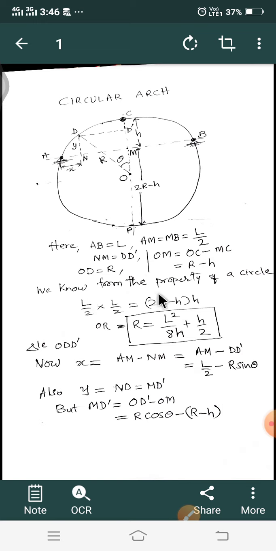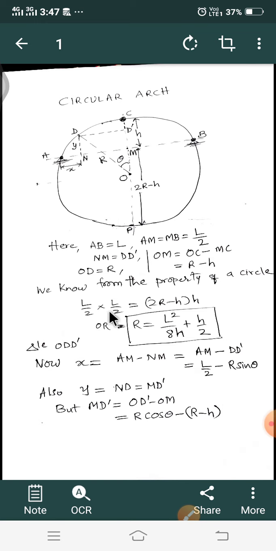We know from the property of a circle. So from the property of the circle, what we know here is that AM into MB, that is L by 2 into L by 2, must be equal to 2R minus H, that is PM into MC. That is what I have written here, which is directly taken from the property of a circle.